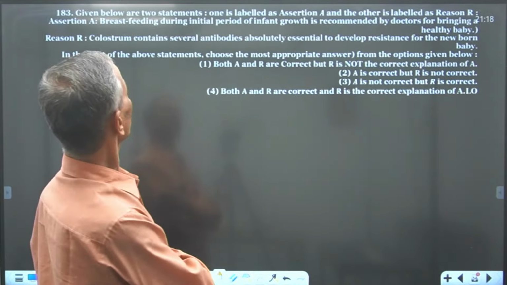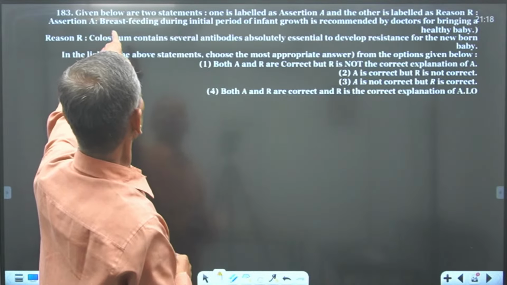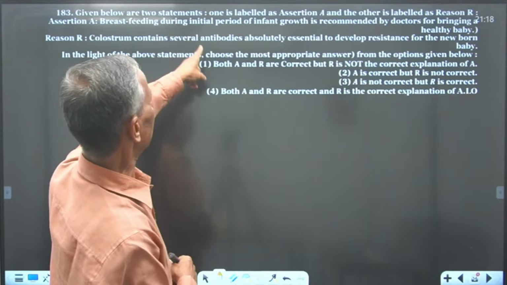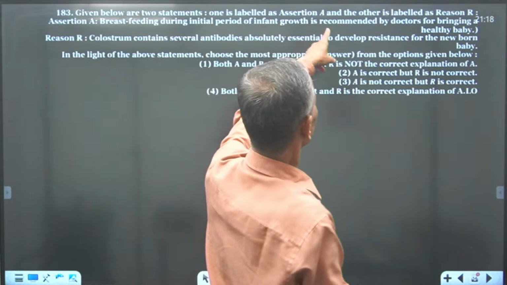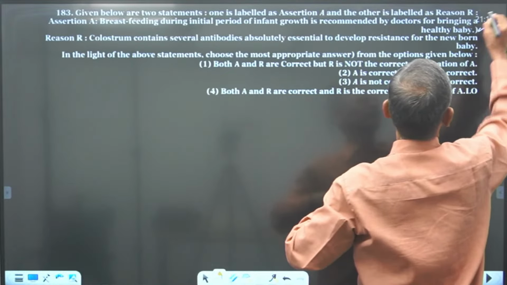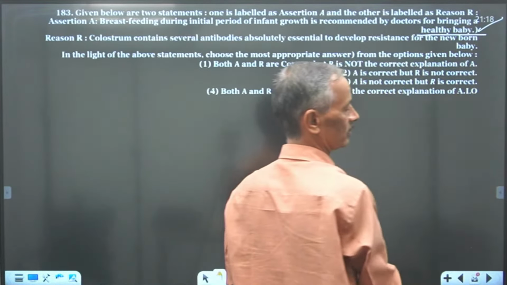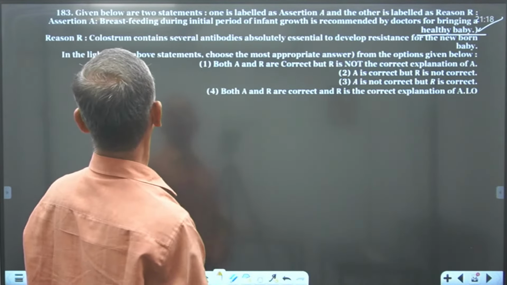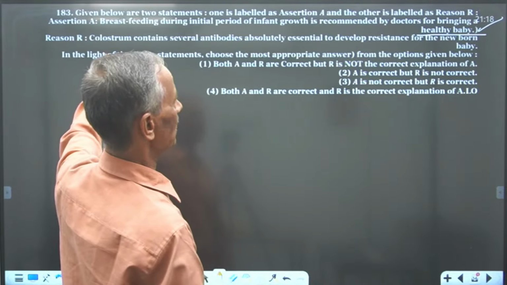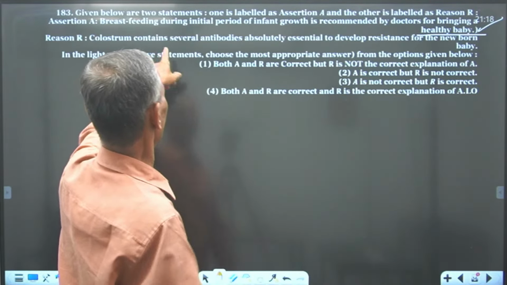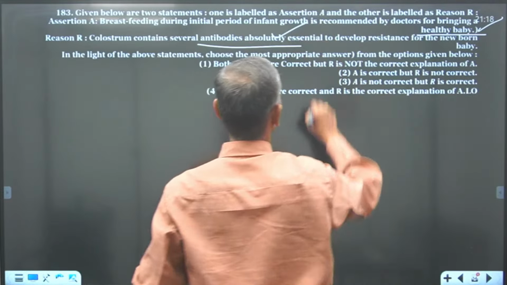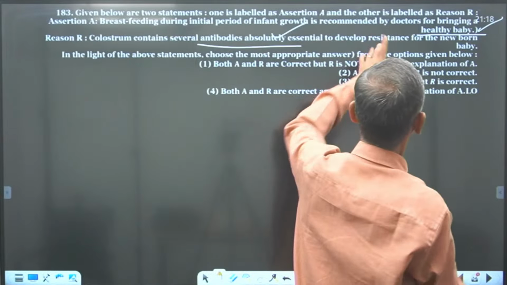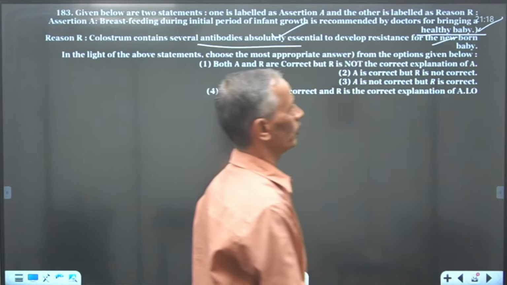Any doubt? Now, two statements. Assertion reason: breastfeeding during the initial period of an infant's growth is recommended by doctors for bringing up a healthy baby. So, breastfeeding is essential. From the first milk that comes out, several antibodies, that is the word in our NCERT book, are absolutely essential to develop resistance for the newborn baby.